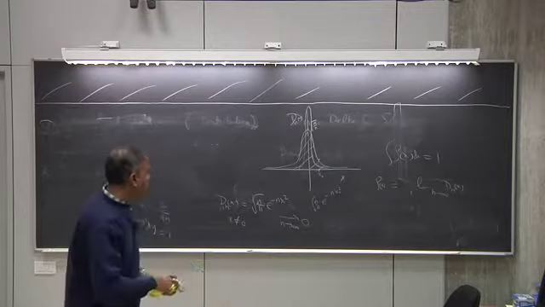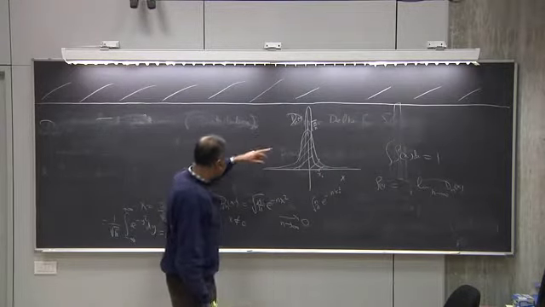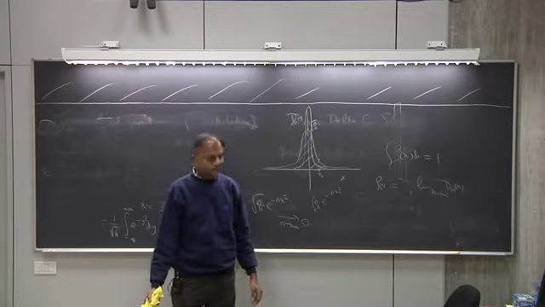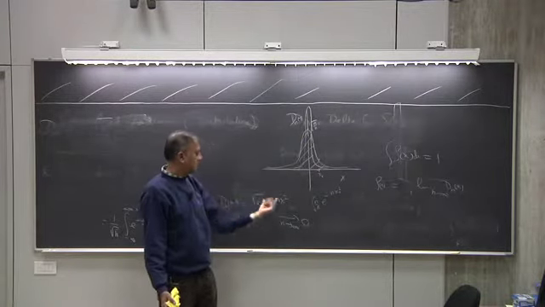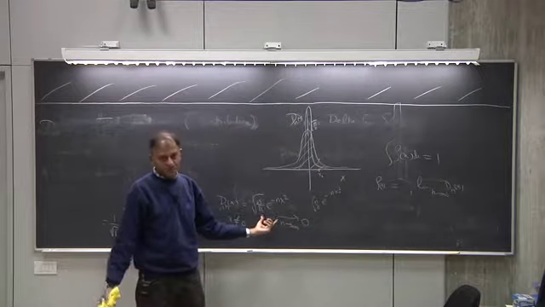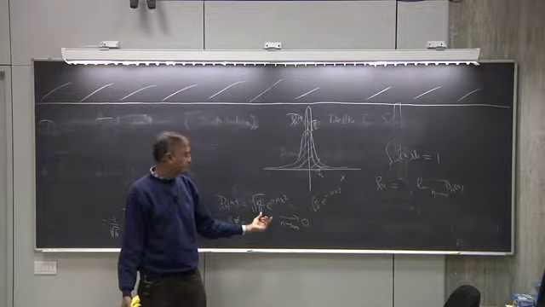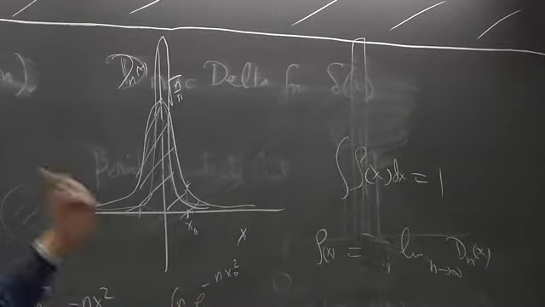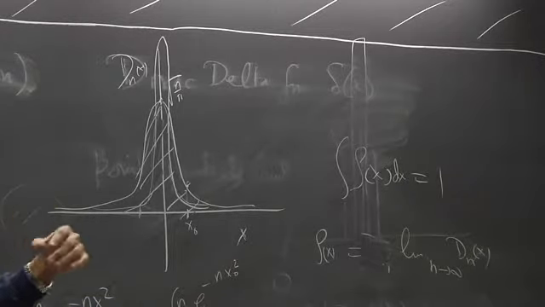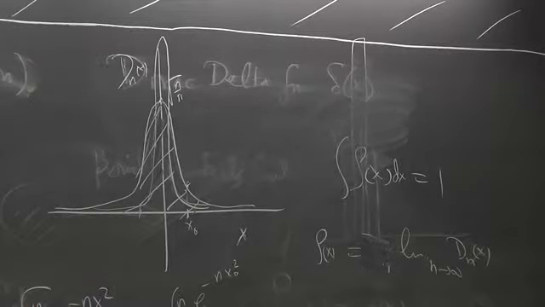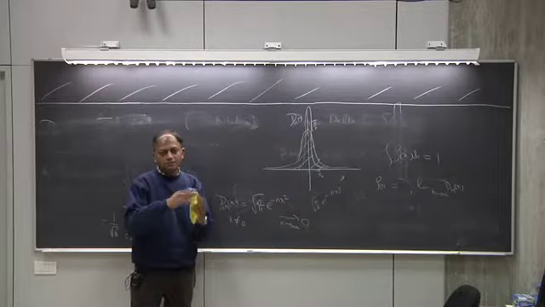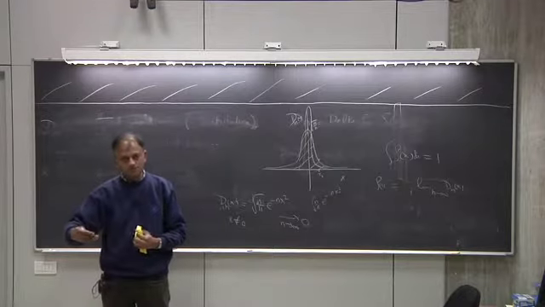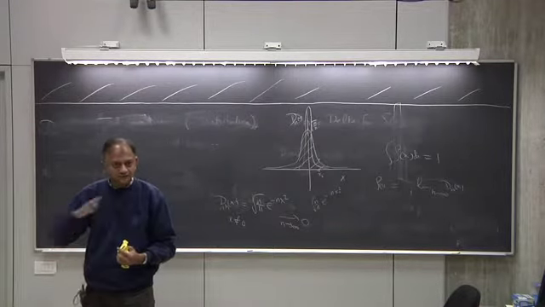If you use a sequence of functions which are themselves discontinuous, the derivatives will not make sense. Whereas if you use dnx, this is perfectly differentiable any number of times. So you can define any number of derivatives of the Dirac delta function; we will see that now. That's why you want to use completely smooth functions, so that all the operations, particularly derivatives, can be carried out.